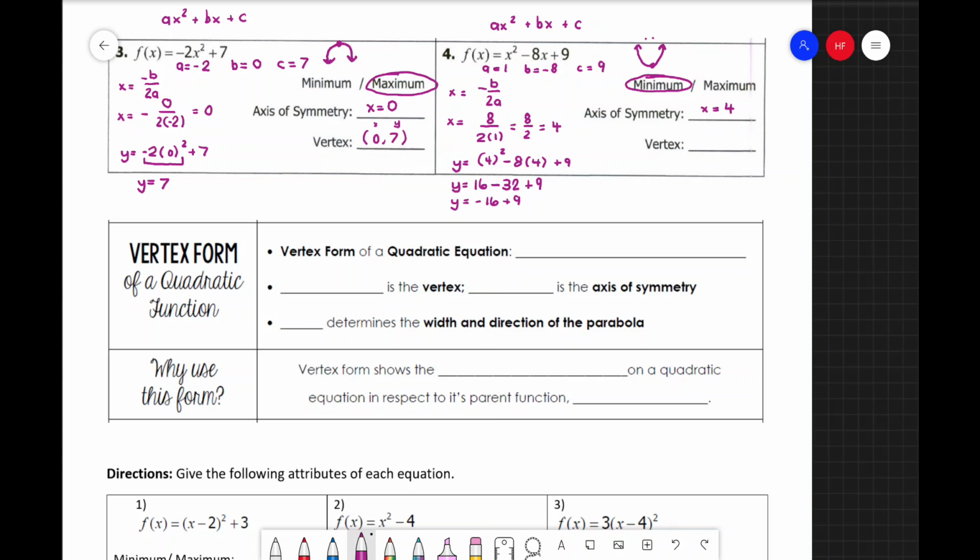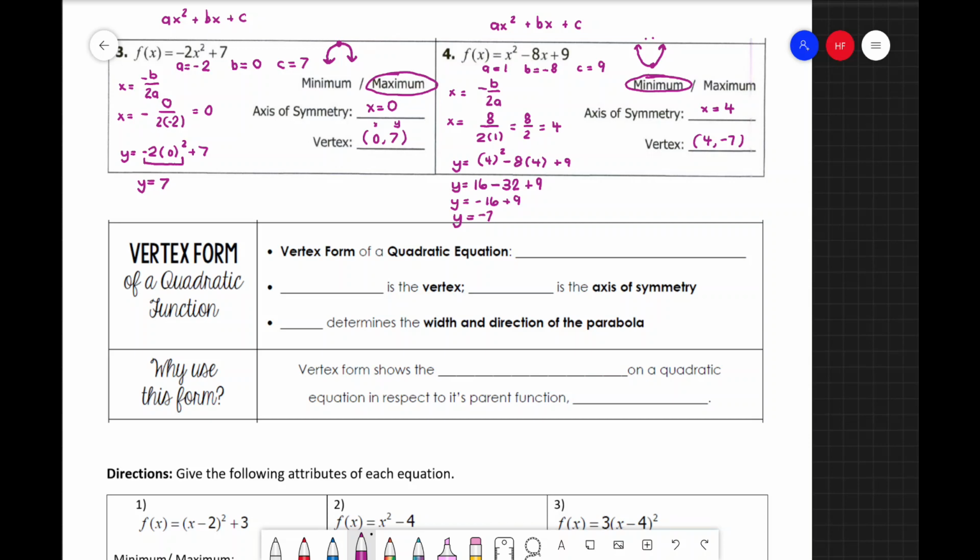Add 9 to that. We get y equals negative 7. So my vertex is at (4, negative 7). So that lowest point on the parabola would be at (4, negative 7).